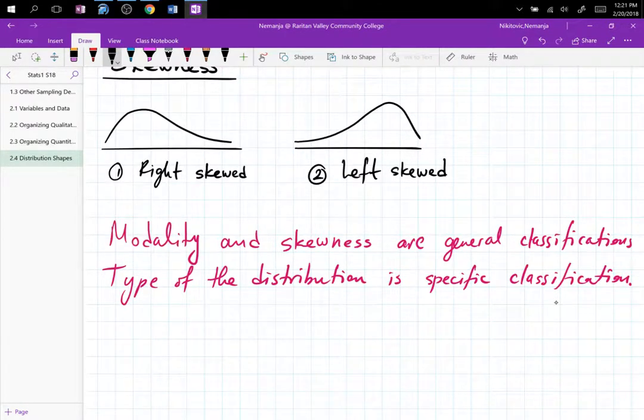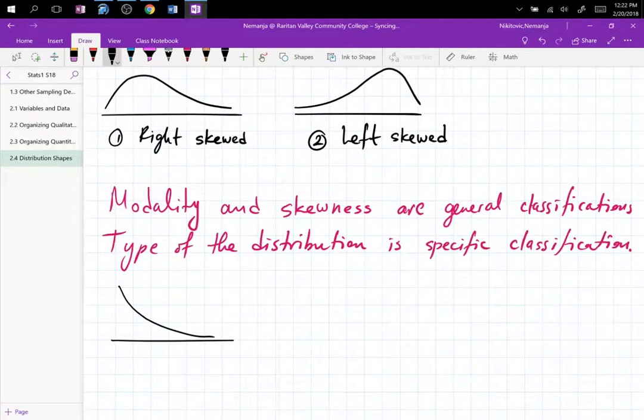There is one more. This one is called J-shaped. Reverse J-shaped.